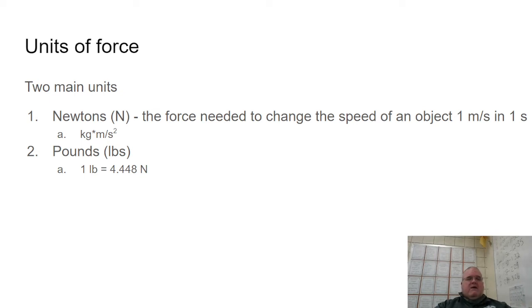Basically, it's mass times acceleration. And for pounds, I'm not going to tell you what the definition of a pound is because I'm not really sure that anybody knows what it is anymore. But I do know that 1 pound is 4.448 newtons, and I can use that to make some calculations.